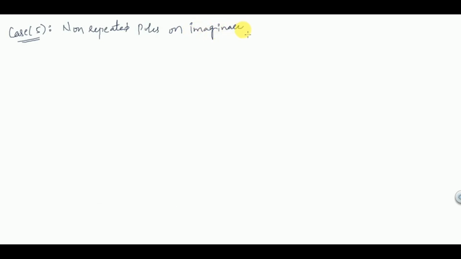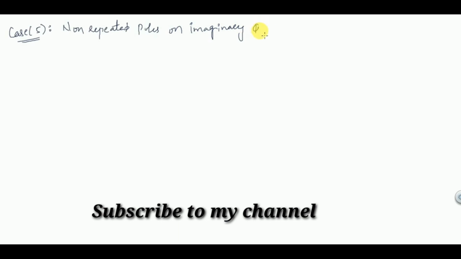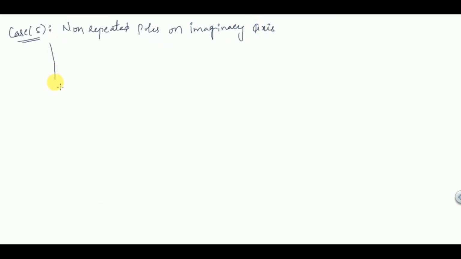Okay, so non-repeated poles on the imaginary axis. If poles are non-repeated and lie on the imaginary axis, suppose j1, j2 here and minus j1, complex conjugate only, so minus j2. So they are non-repeated here.